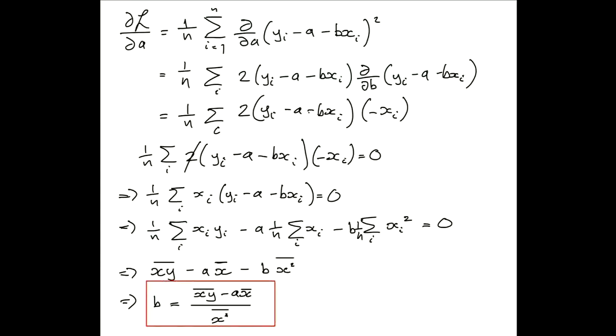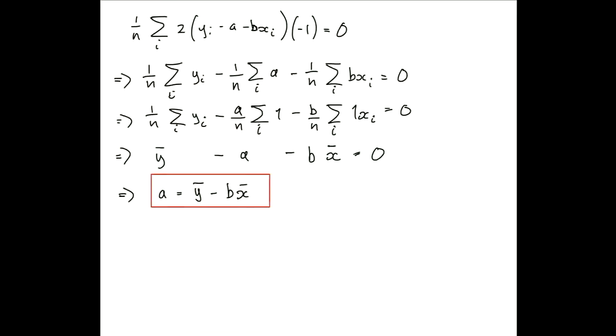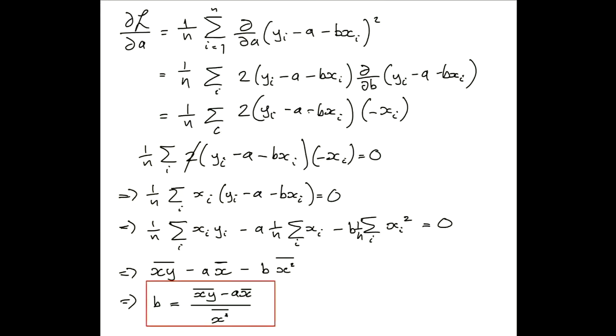Can anyone see a potential issue that we've got? Let me take a new slide, and then we'll have a look at it. So from before, let's look back, we had this thing here. We've got a in terms of y and x and b, and we've got b in terms of x and y and a.